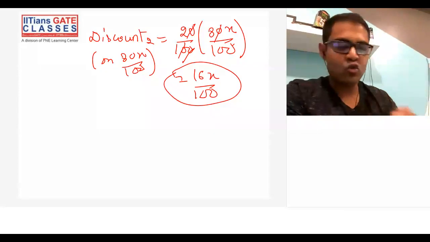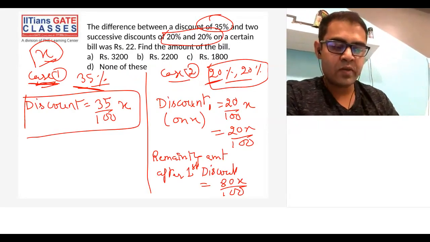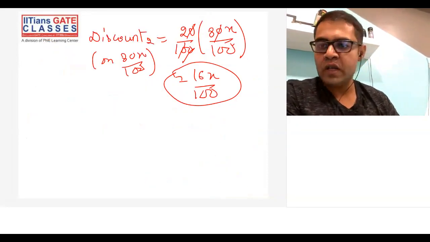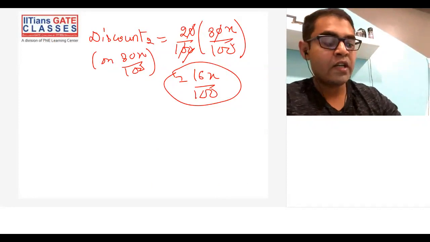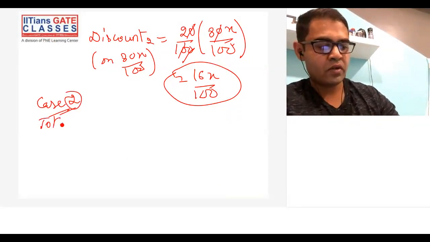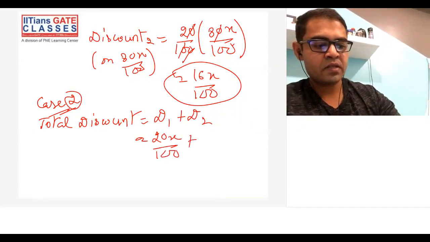So in case 2, discount 1 was 20x by 100 and discount 2 is 16x by 100. So totally, how much discount did I get in case 2? Total discount is discount 1 plus discount 2, which is 20x by 100 plus 16x by 100, which becomes 36x by 100.